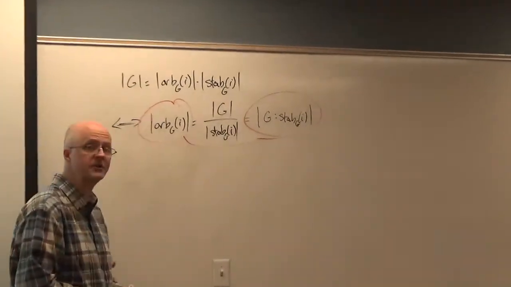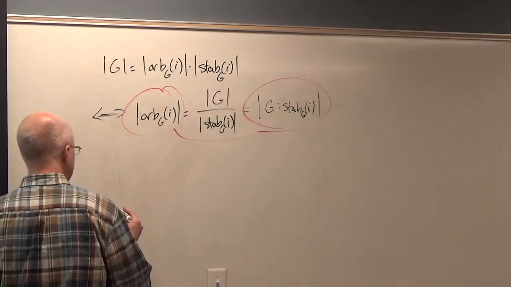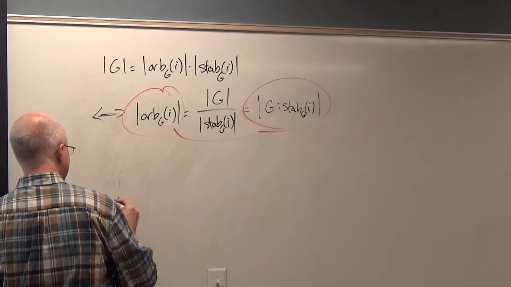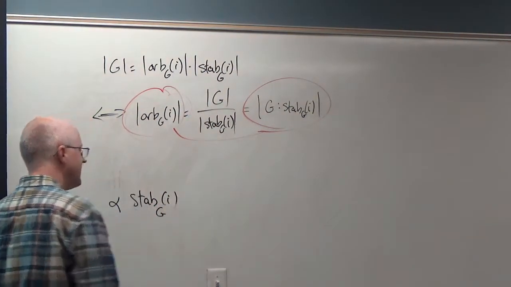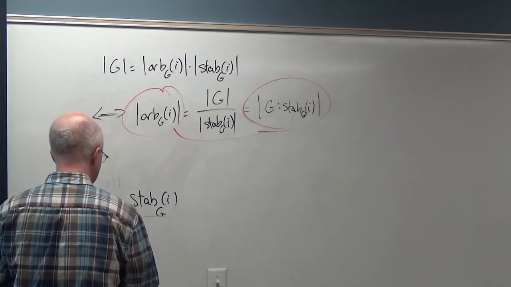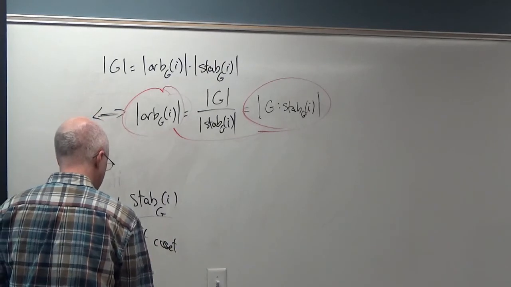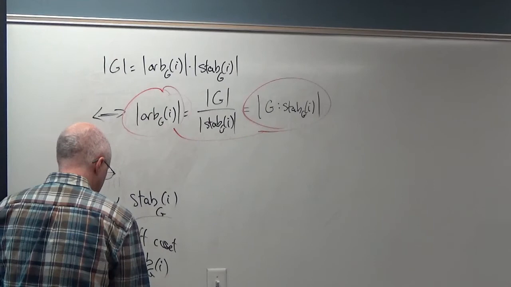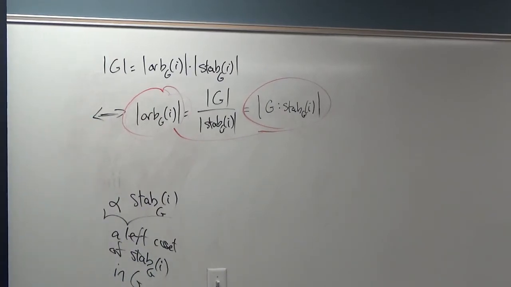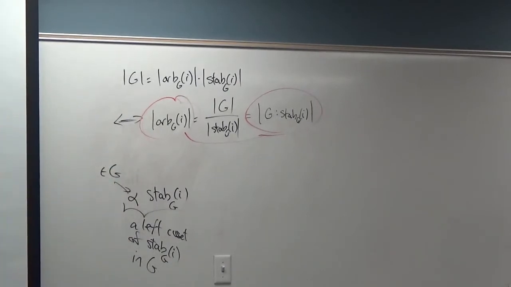We need to take an arbitrary left coset of the stabilizer in G. How would you write such a coset? Well, maybe something like this: alpha times Stab_G of I. That would be a left coset of the stabilizer, which is a subgroup of G. Alpha is an arbitrary element of G. This is the left coset notation.